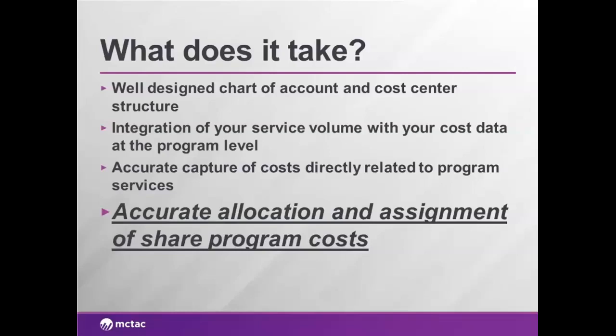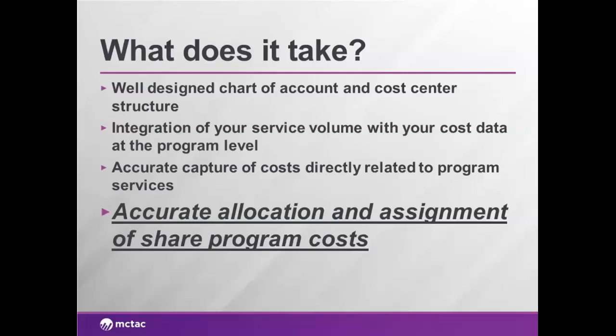Well, the first thing we have to do is have a well-designed chart of accounts and cost center structure. I've worked with organizations who have two different program categories, two different regulatory requirements, two different ways of counting units of service, and they mush them together into one cost category on their general ledger. So as they're accounting for these costs, they put them together.